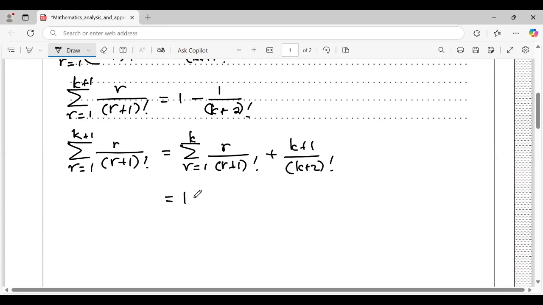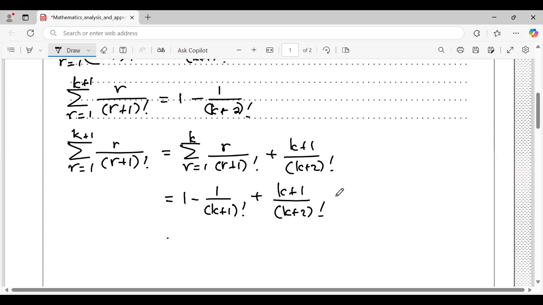It becomes 1 minus 1 over (k plus 1) factorial plus (k plus 1) over (k plus 2) factorial.